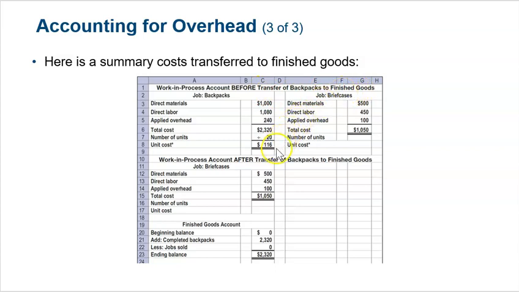So we have a situation where our backpacks job is completed and our briefcases job is not completed. We have the same costs, the 1,000, the 1,080, and the 240 of applied overhead, total cost of 2,320. We made 20 units, and so we can determine a unit cost of $116.